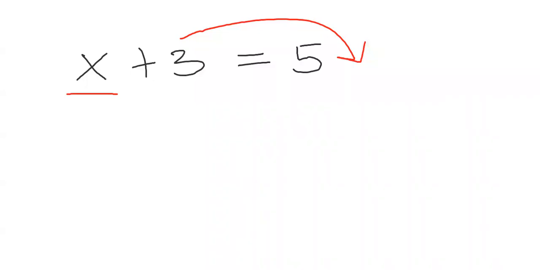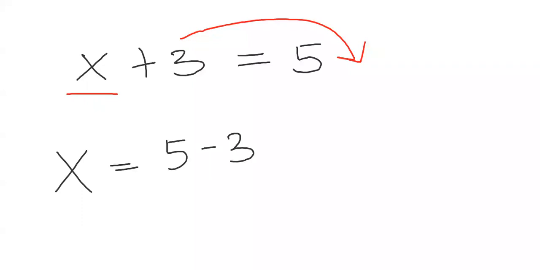So collect the like terms so that you are left with x on the other side. And then you have like terms on the other side. Now, solving that, we are going to have x is equals to 5 minus 3.